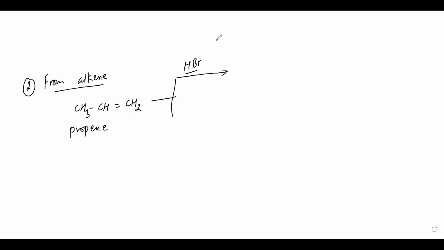When an unsymmetrical reagent reacts with an unsymmetrical alkene, the product formed is a haloalkane following Markovnikov's rule. Here the unsymmetrical reagent has H plus and Br minus. So according to Markovnikov's rule, H plus bonds with that double bonded carbon atom which contains the higher number of hydrogens. So H plus bonds with this carbon. So the product formed is CH3CHBrCH3. The name of this compound is 2-bromopropane.